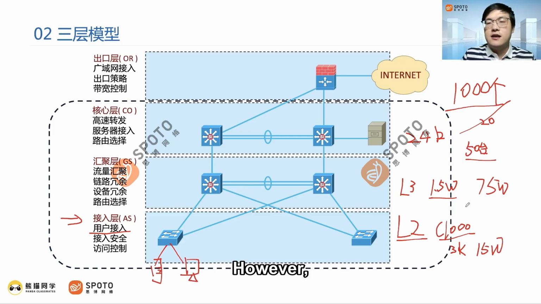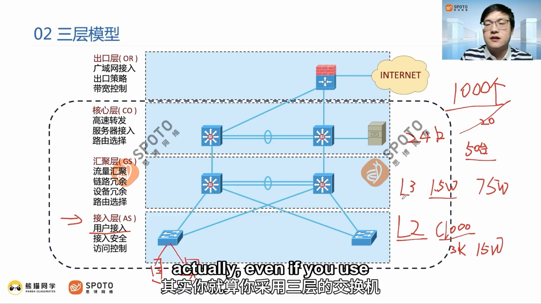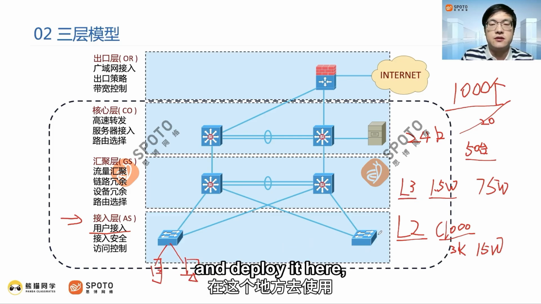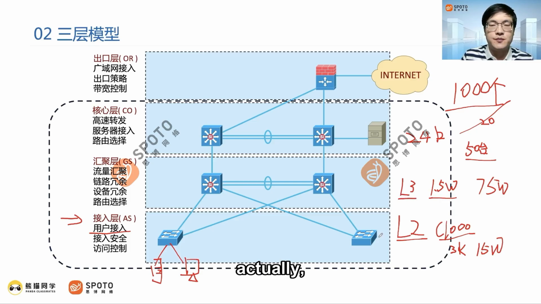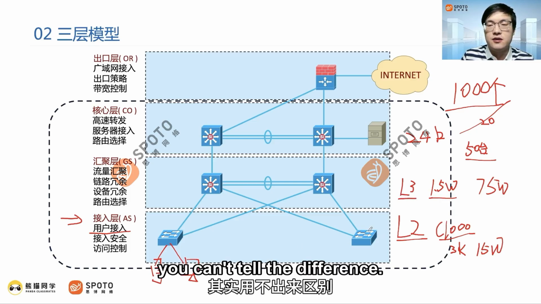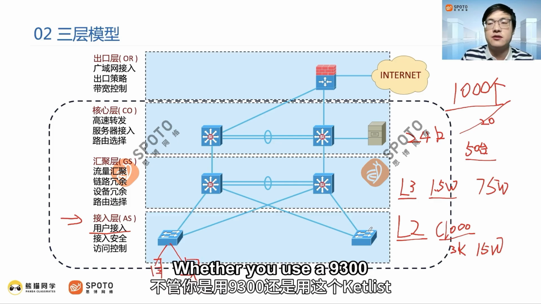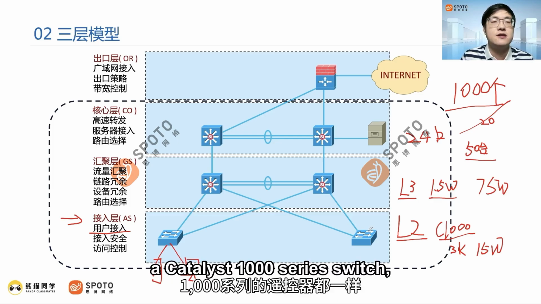However, even if you use a layer 3 switch, like the Catalyst 9000, and deploy it here, you'll find that you can't tell the difference. For the user, they really can't tell whether you use a 9000 or a Catalyst 1000 series switch.